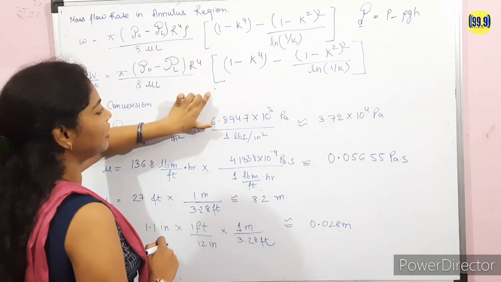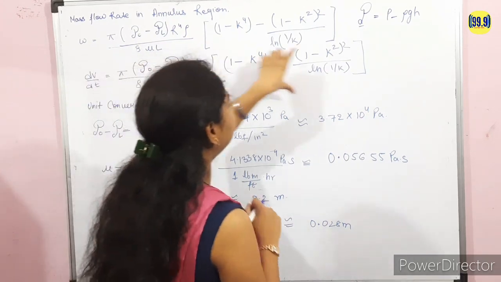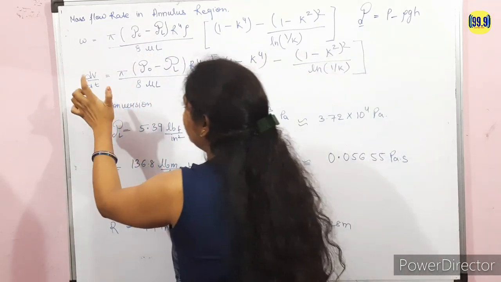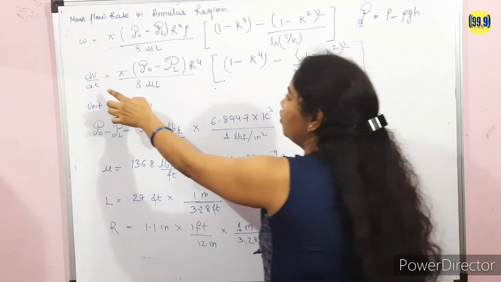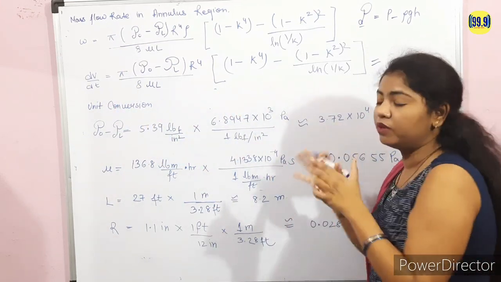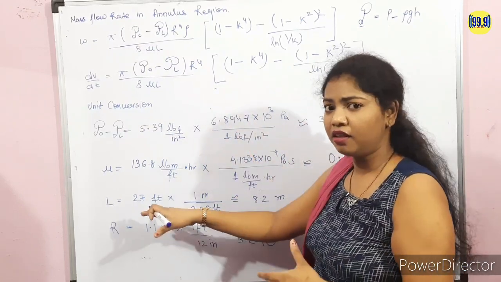This rho is cancelled by the denominator rho and the whole term is the same. So the equation for calculating the volumetric flow rate will become this one, the final equation, the equation which we are going to solve by putting in these parameters.